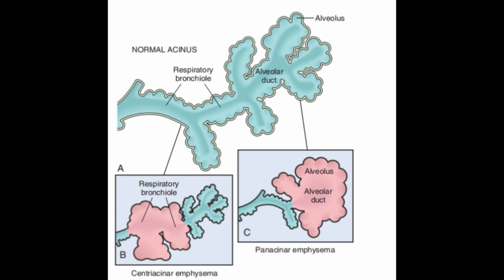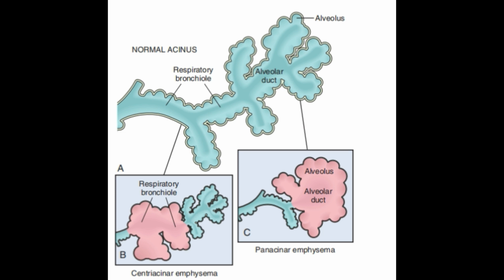The distinctive feature of centriacinar emphysema is that the central or proximal part of an acinus, formed by the respiratory bronchiole, is affected, while the distal alveoli are spared. This means the distal alveoli are not affected, only the central acini.